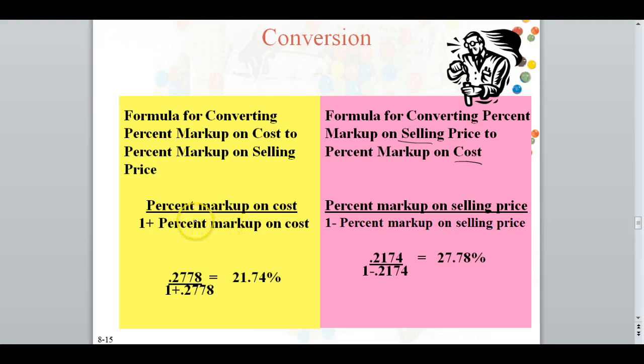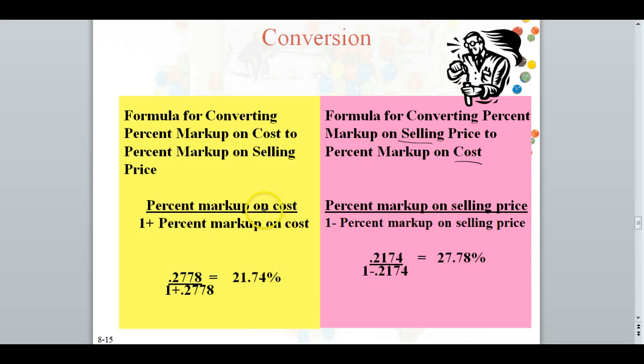If you know your markup based on cost and want to convert it to your markup based on your selling price, you can. In this case, the percent markup on cost is 27%. So they plug it into the formula as percent markup on cost divided by 1 plus the markup on cost is 21. And then they just went the other way over here with it.